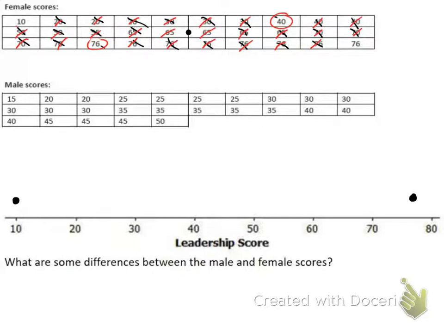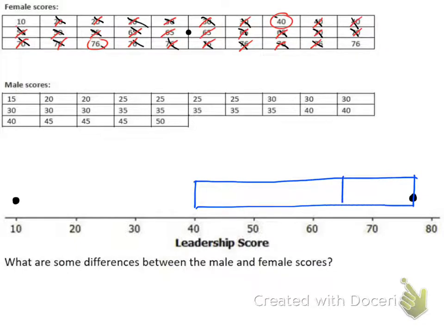This is going to be 76 right there, and then I've got 40 as the start of my box. 65 is that line that's somewhere in the middle, and then 76. This one's actually a little weird because the end of my box ends up happening at the same point that my maximum value does. And so there's my box and whisker plot.